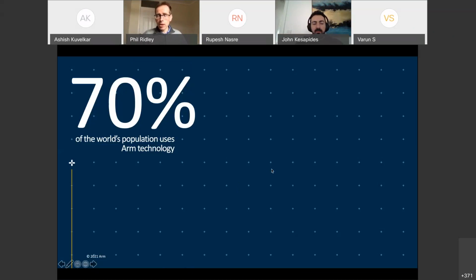Over 95% of mobile phones have an ARM processor running in them. And worldwide, there are 180 billion ARM-based devices. So chances are that today you've either come across or are using a device with an ARM-based CPU in it.